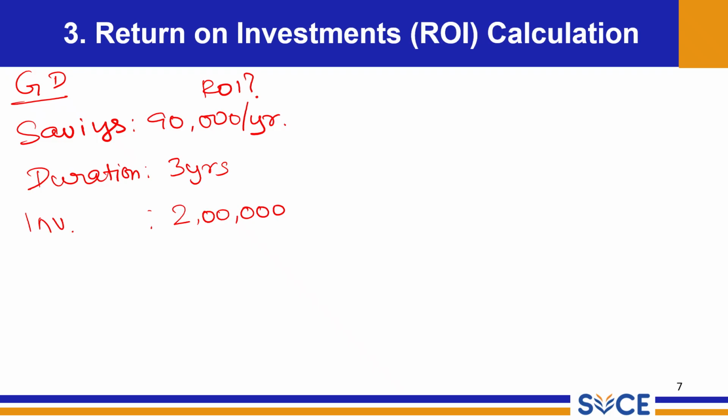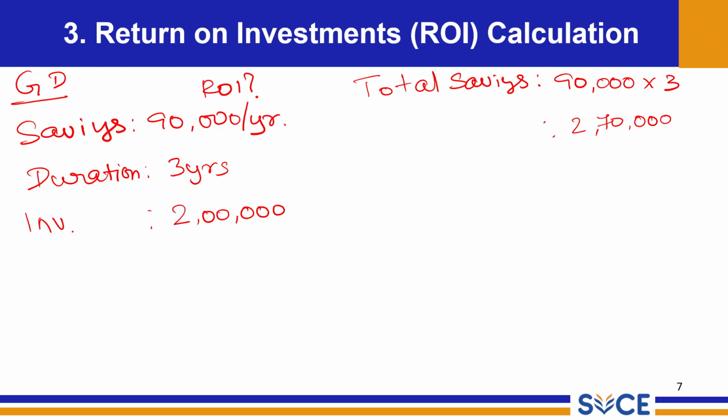First, we'll get the total savings. The total savings we get from that equipment is $90,000 per year. Put together for 3 years, it is going to be 2,70,000. So this is the savings by the equipment.